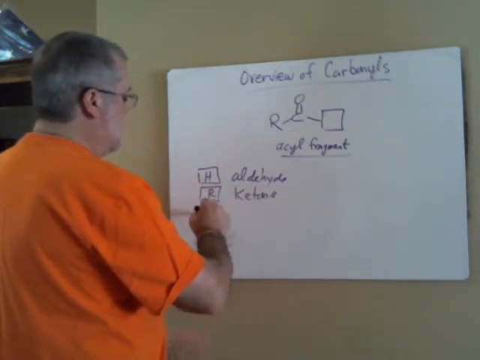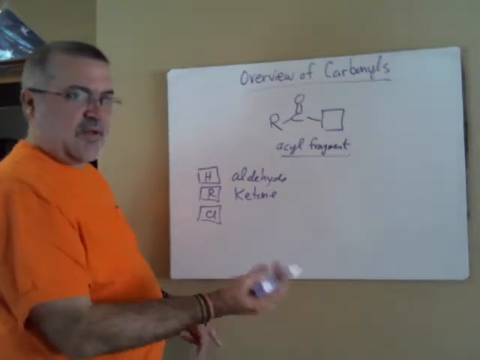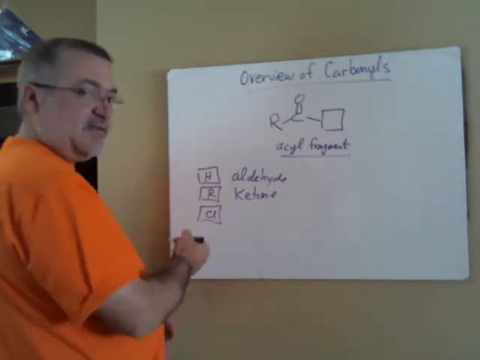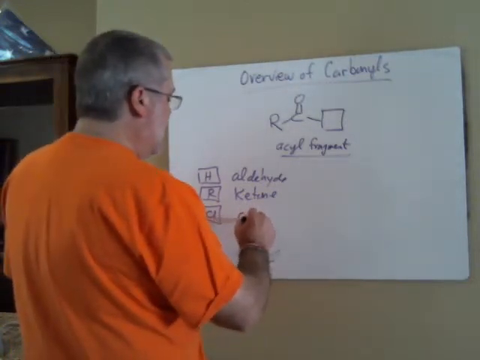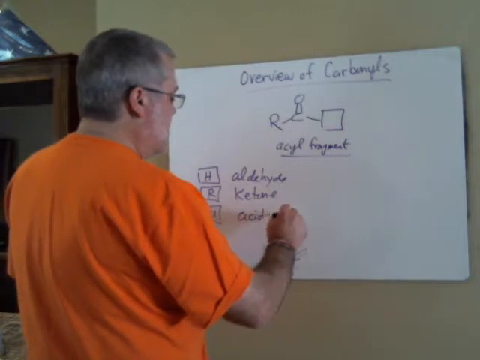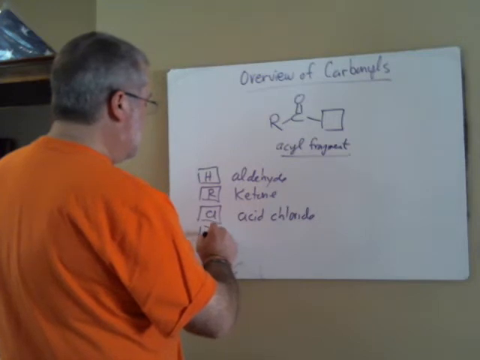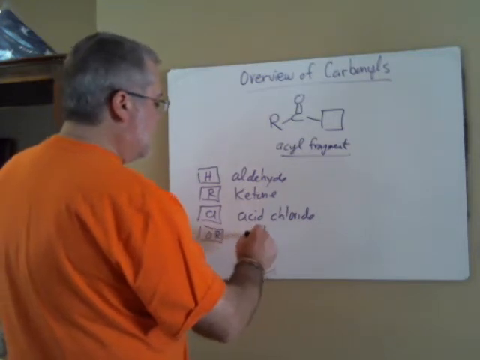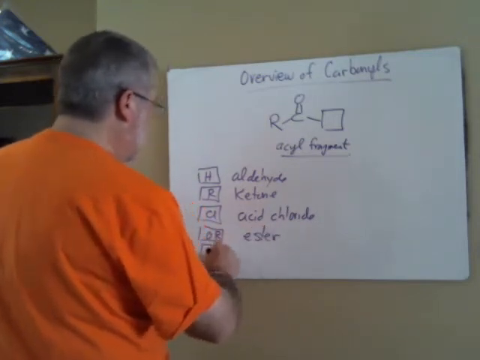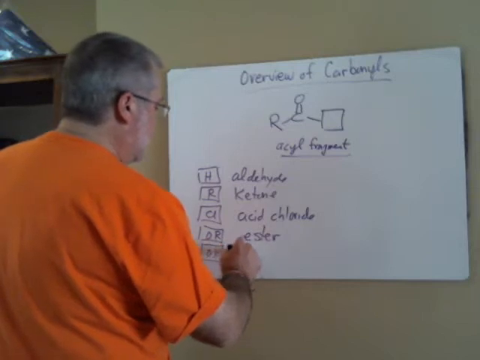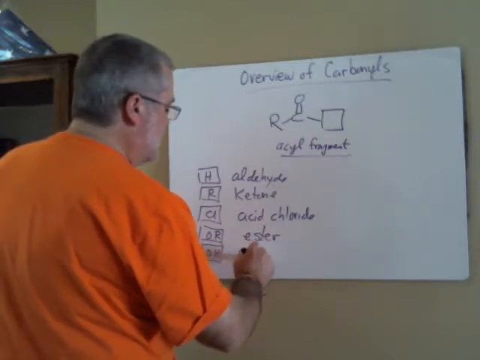If I put a Cl, or you could also do Br, but it's typically Cl, you have an acid chloride. You put OR in the box, you have an ester. And you see how this is going? You put an OH in here, it's a carboxylic acid.